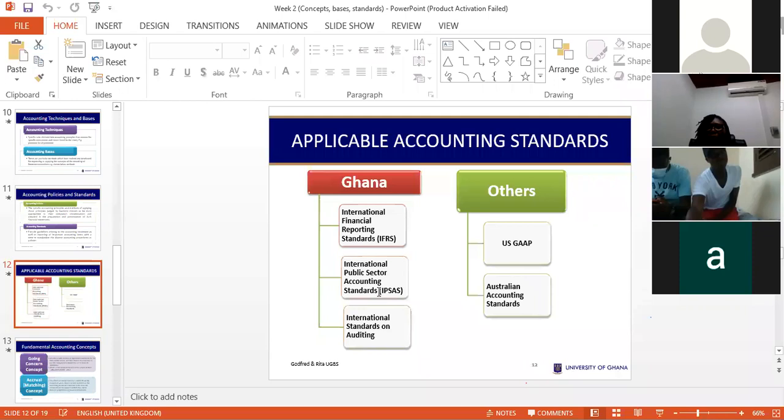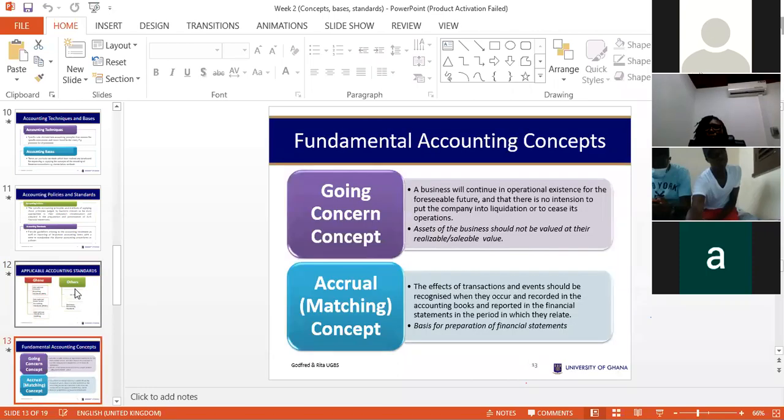So there are so many countries who have developed their own accounting treatment guidelines. In Ghana, we have not been able to do it. And once you have not been able to, then you have no option but to fall on the international. That is, everybody can adopt that one.